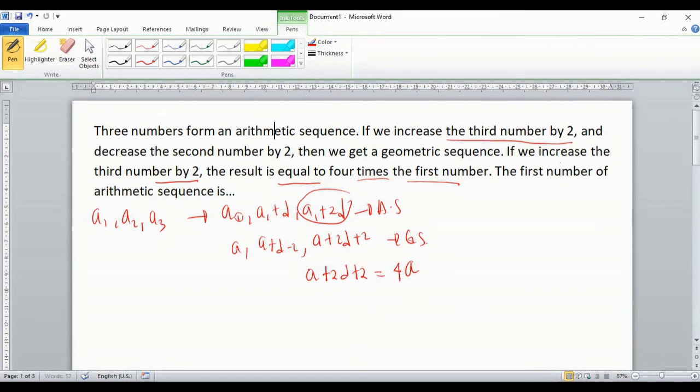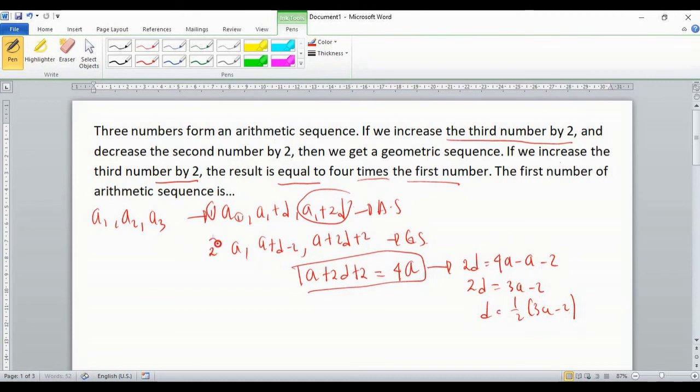So from here, we can use this to get the difference. So 2D is equal to 4A minus 2, so D is equal to half of 4A minus 2. We can say this one first and then we can say the second.